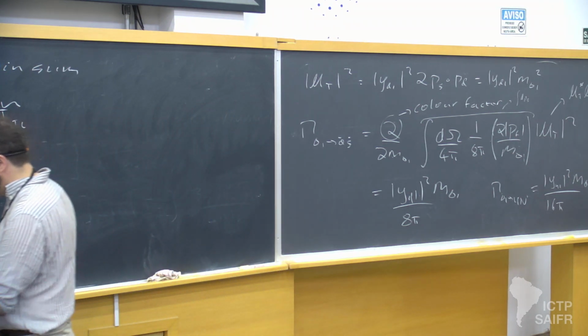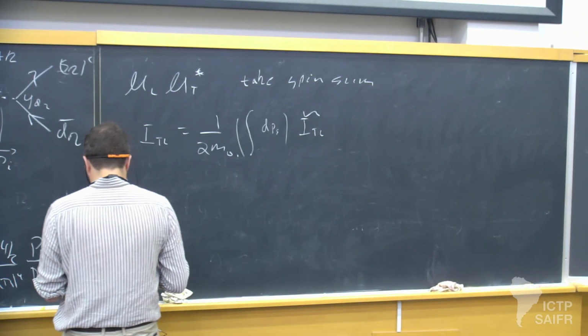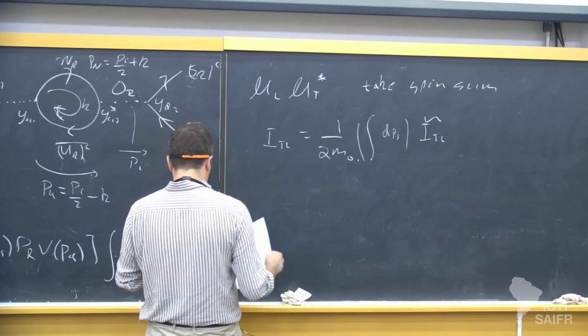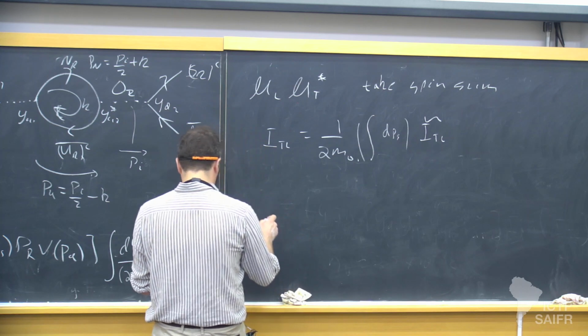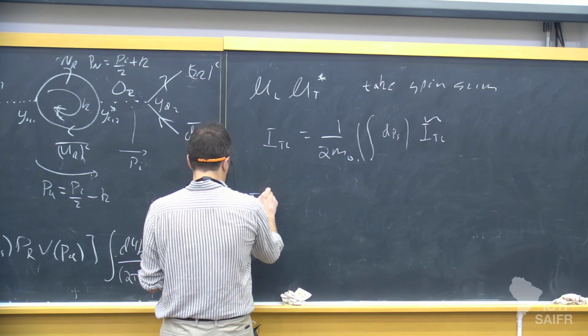So then, if you do that, taking the spin sums, you should find the imaginary part.